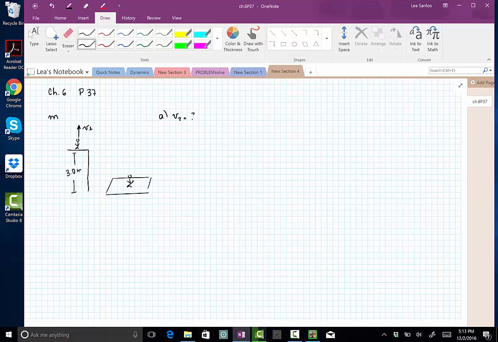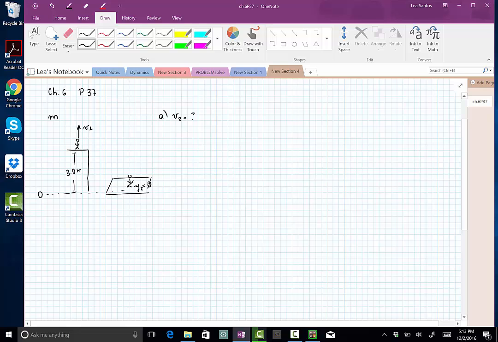Remember that to write the gravitational potential energy, I have to choose one point as my reference and call it 0. And in this problem, I'm going to call this point here, which will be the position y2, 0. So y2 is 0.